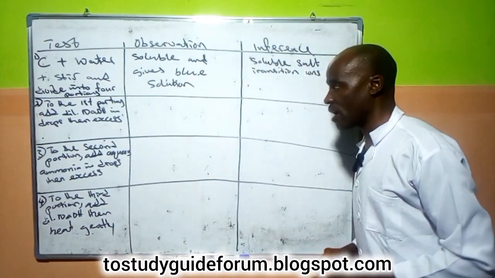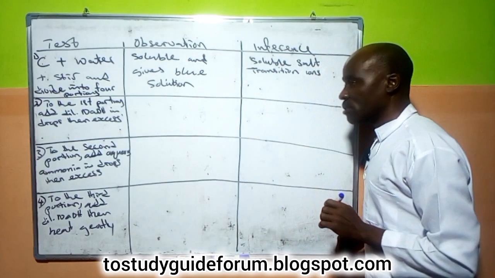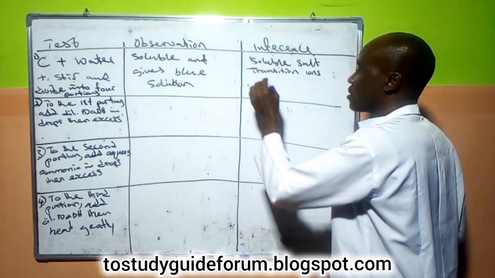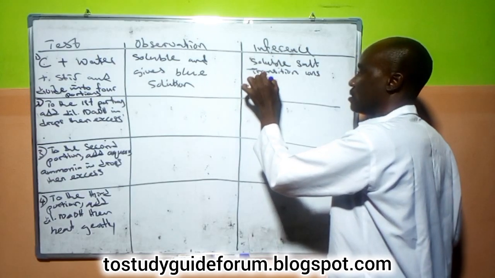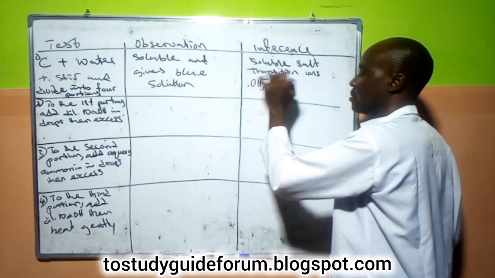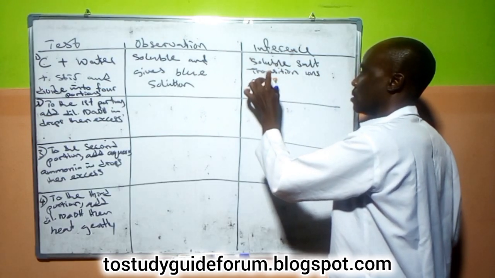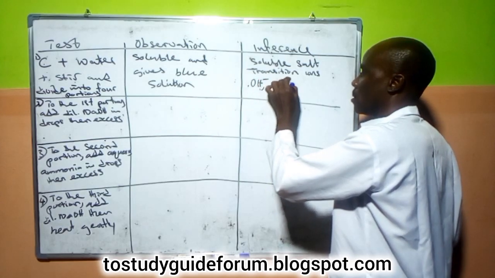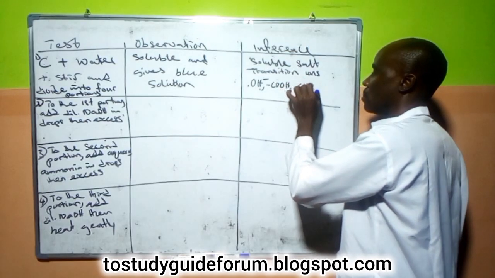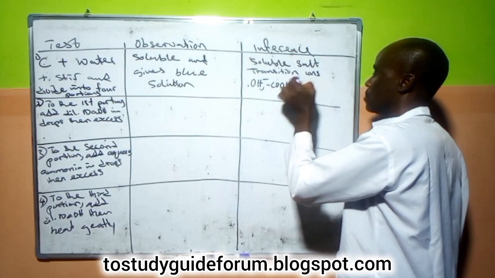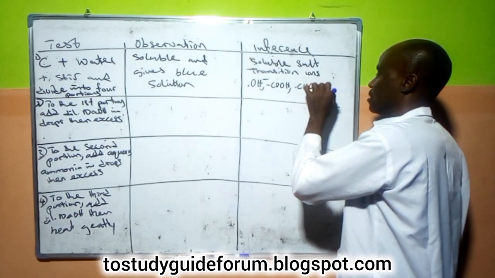Because we have an organic compound that is soluble, it is likely to be one that contains the hydroxide group, and it can also be that one likely present.